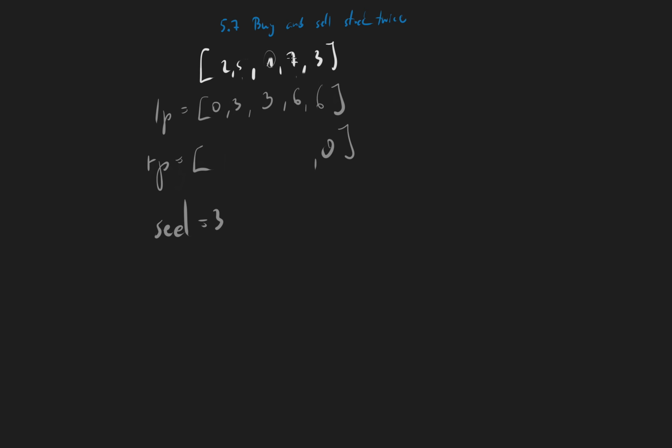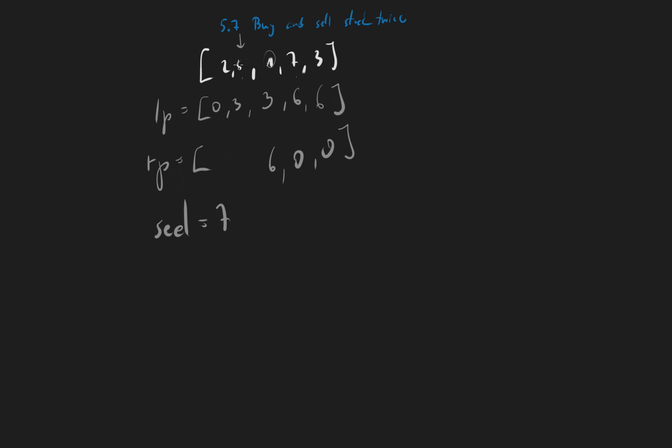So if we buy 1, and so sell minus buy, 0 is still bigger than this guy. Okay, cool. We update the sell to 7. Now we can buy at 1 and sell at 7, so profit will be 6. Okay.